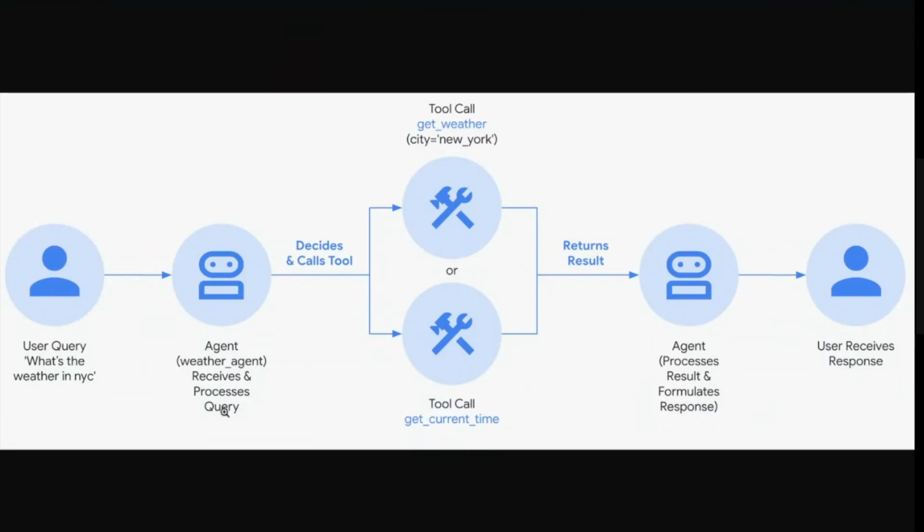The weather agent receives and processes the query. Of course, it will decide on the tool. It will probably call get weather with the city, then return results, and the agent will process the result and formulate a response, then return it back to the user.